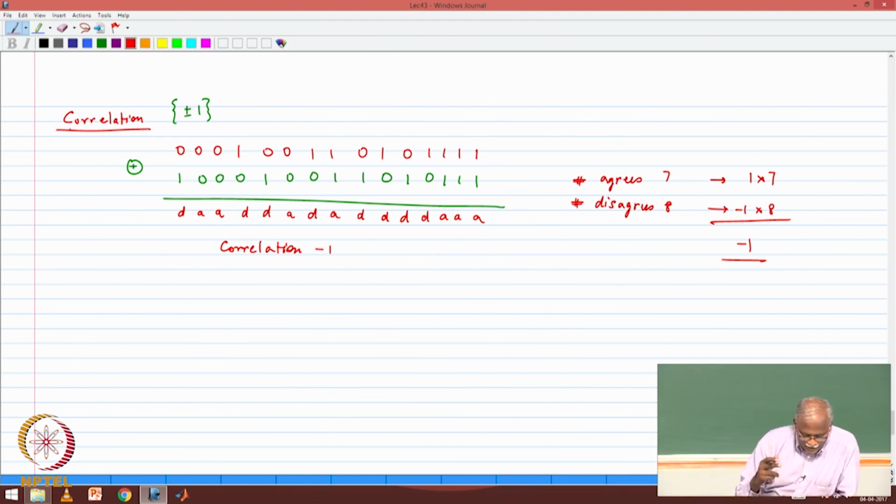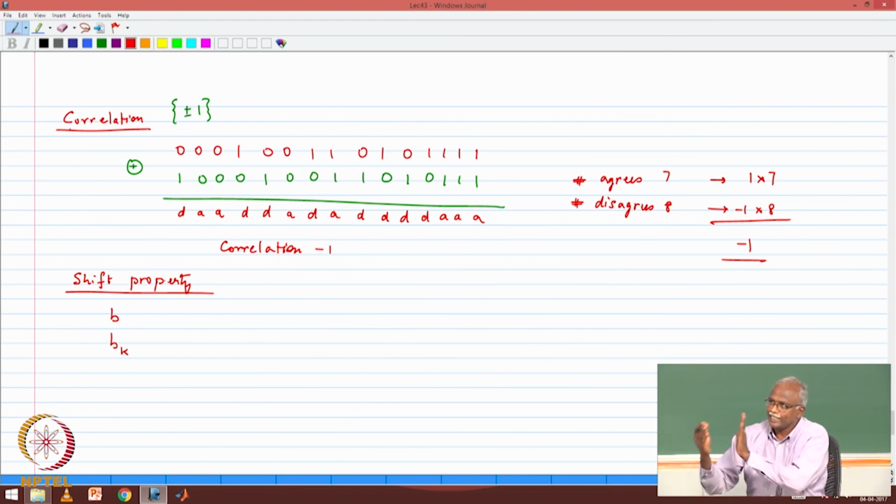Okay. Now the reason it is so interesting is the following. These M sequences have a property called the shift property. Again, if you have studied them before, I'll just quickly mention them. So if I take the original sequence, call that B, and let me call another sequence B subscript K. That means I have done K circular shifts of that.